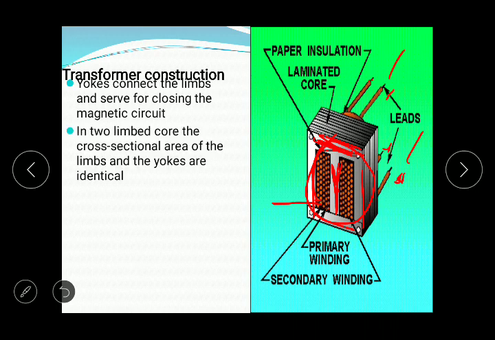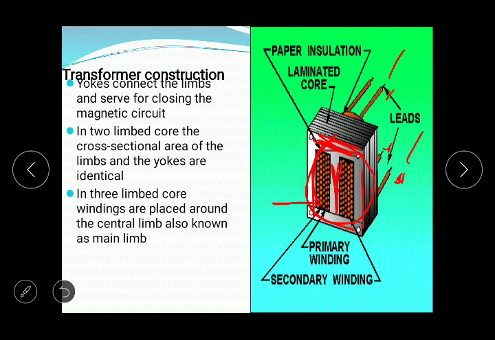In two-limbed core, the cross-sectional area of the limbs and the yokes are identical. In the previous case, only two limbs are present, and the cross-sectional area of yoke and limbs is the same for primary and secondary.